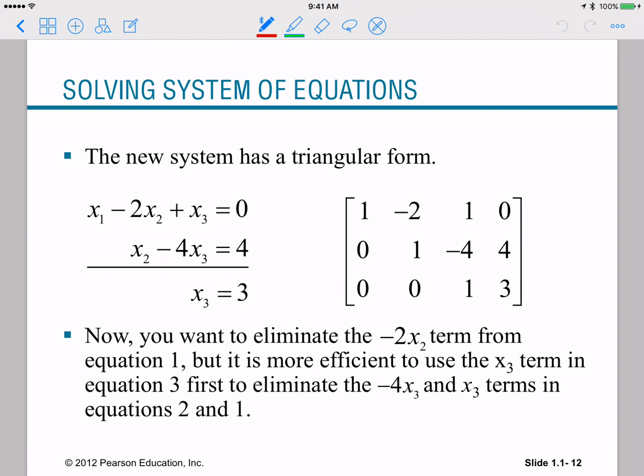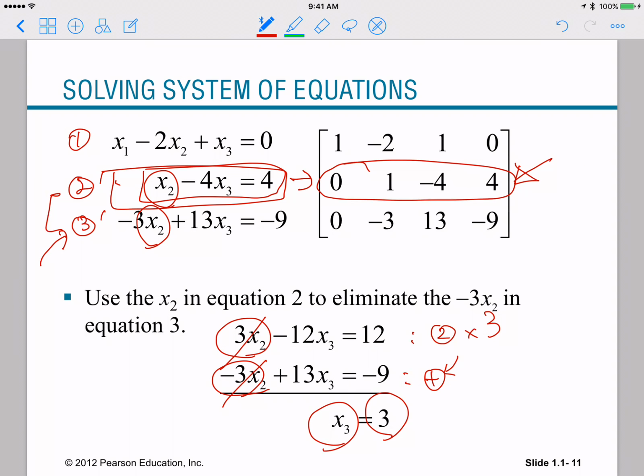Okay, then this resulting equation will now be our new third equation.